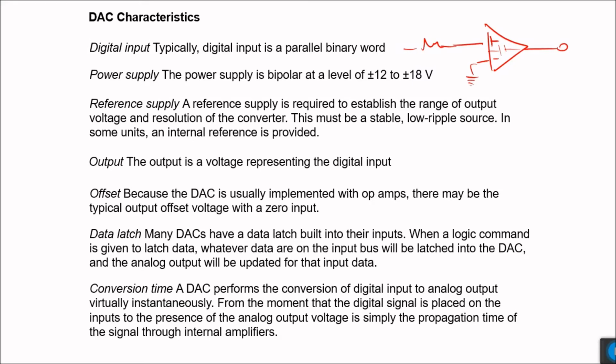So as the DAC is implemented using operational amplifiers, the data effectively transfers suddenly from the input to the output. As soon as the input changes, the output changes, but usually we don't want that.